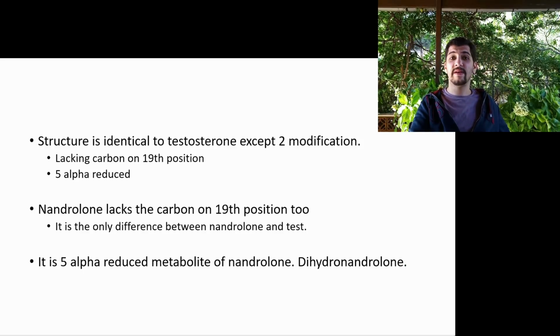So it is technically the 5-alpha reduced metabolite of nandrolone, which is dihydronandrolone. Also, as I previously told you, when nandrolone gets 5-alpha reduced to dihydronandrolone, it gets even weaker, at least androgenically. It becomes even less androgenic.